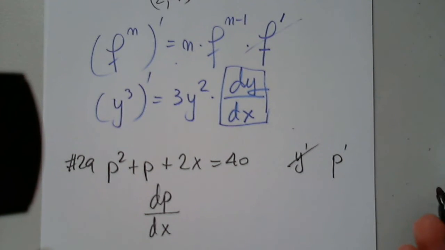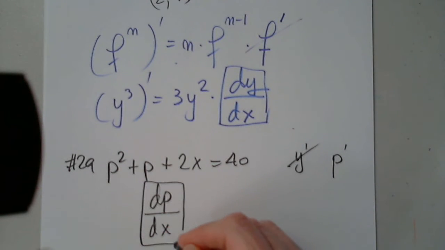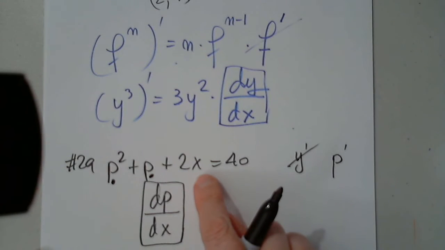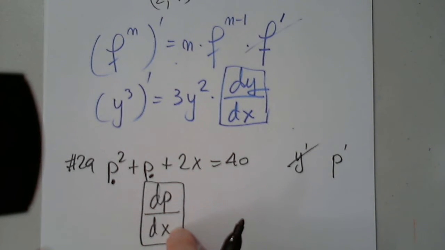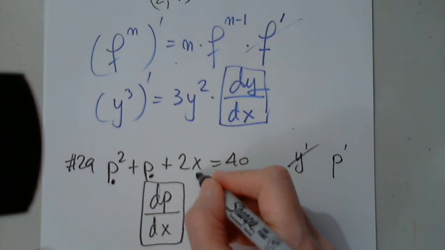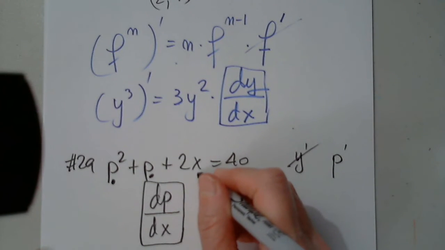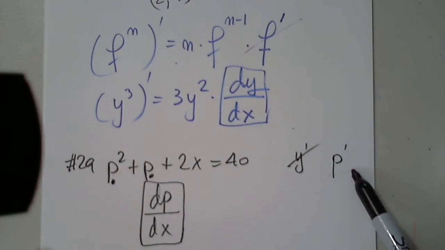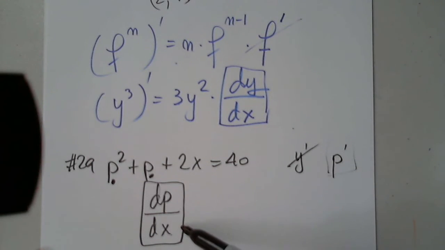I'm just telling you, find p prime. But if I use this notation, it clearly states this is the function and this is the independent variable. If I don't tell you this, you may consider that this is another function. But I'm telling you specifically that this is the function and it depends on x. If I tell you this, I'm not telling you much. If I'm telling you this, I'm telling you a lot.